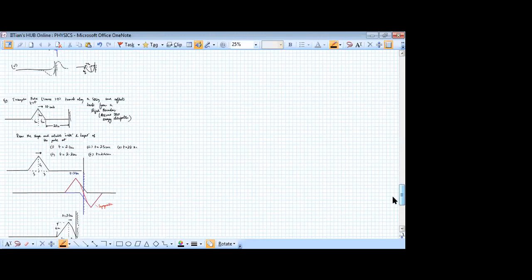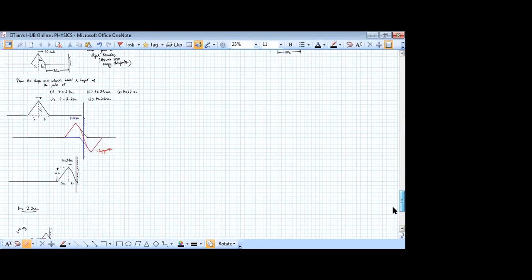So to get a proper comparison of all these shapes. Oh, sorry, this was not required. Anyway.